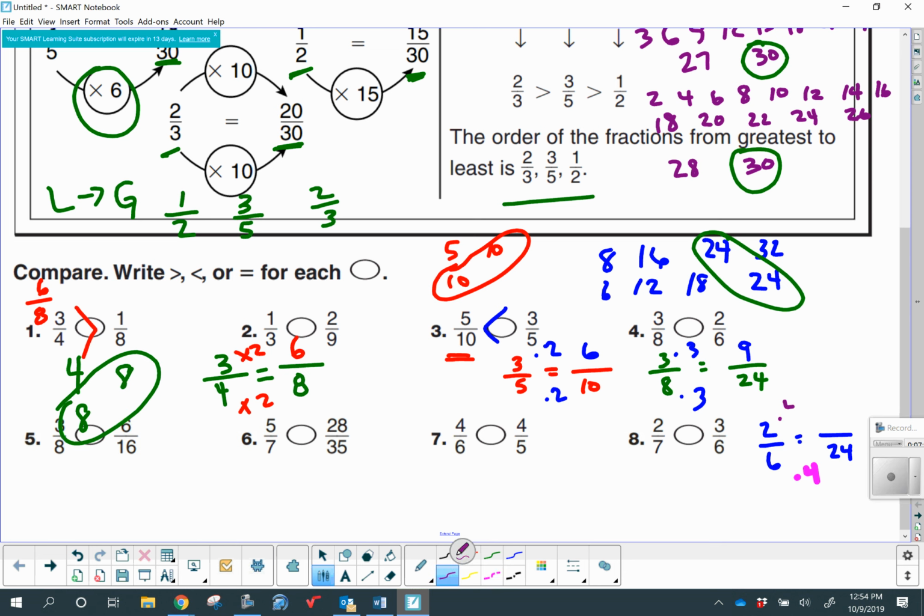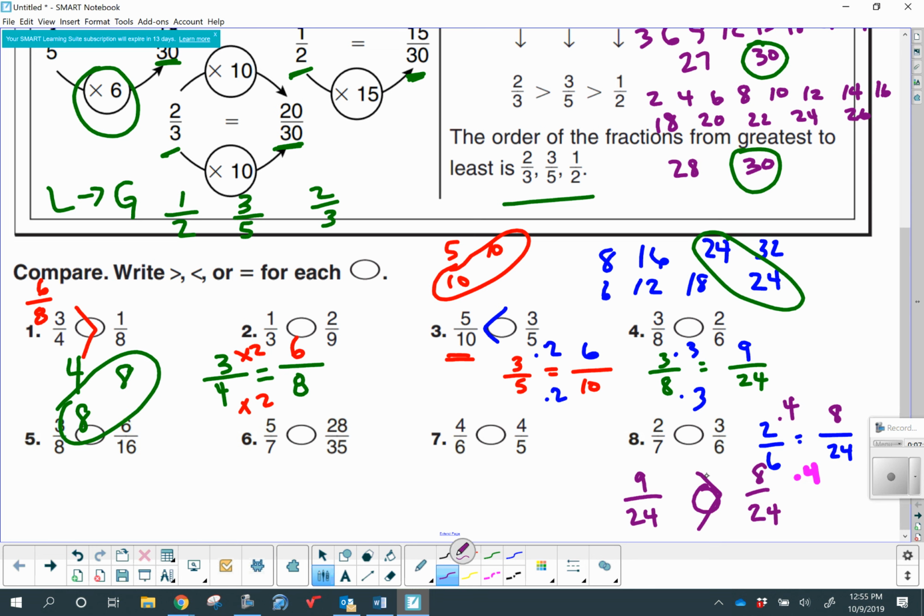And 2 times 4 equals 8. So I have 9/24 compared to 8/24. So if I rewrite that, 9/24 compared to 8/24, I know that 9/24 is in fact bigger.